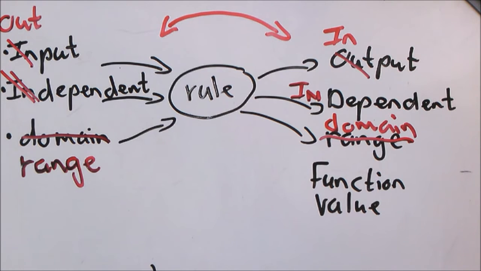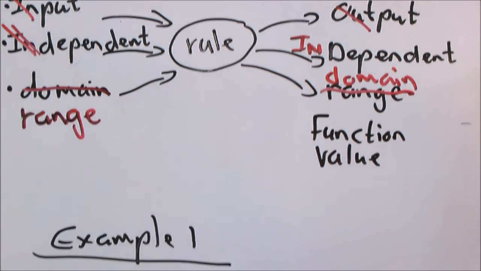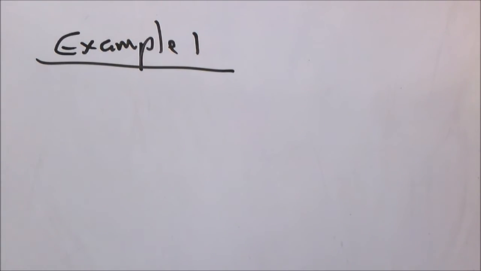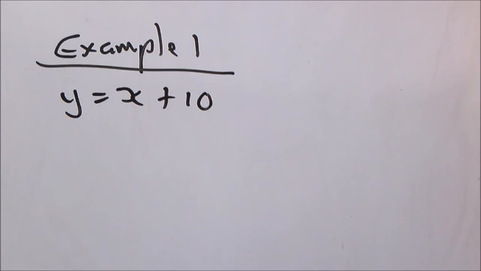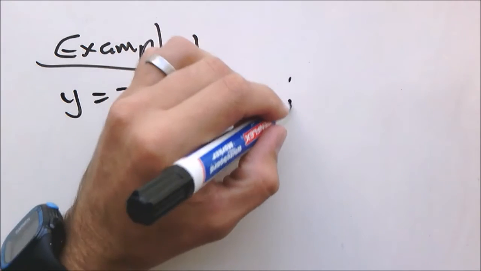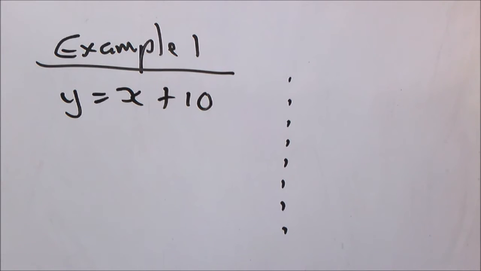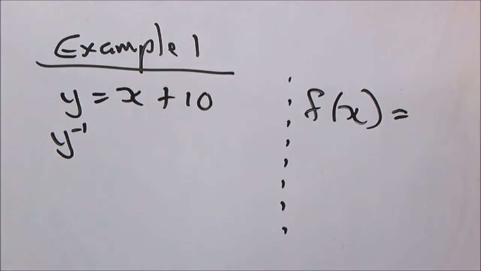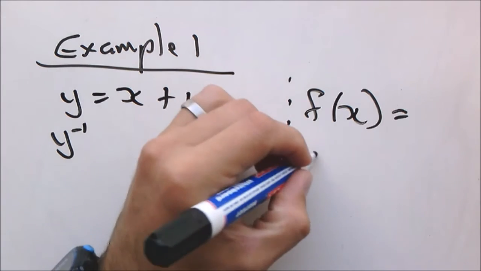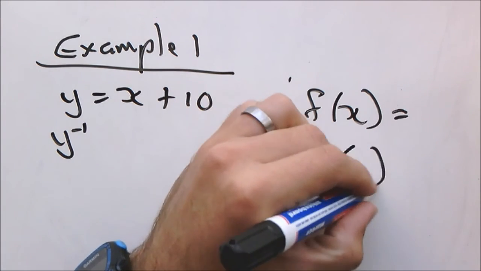Let's do two examples. The first example is y equals x plus 10, the one that we just had. Now the question is, please write down the equation of the inverse of this function. And how they would ask that is like that. That means the inverse. Now if it was written down as f as a function of x, the inverse will look like that as well.